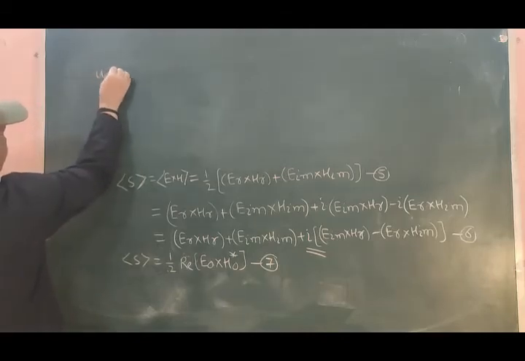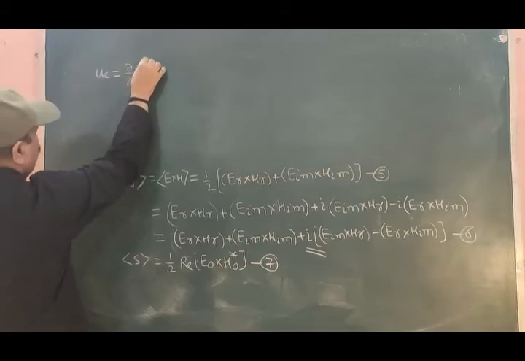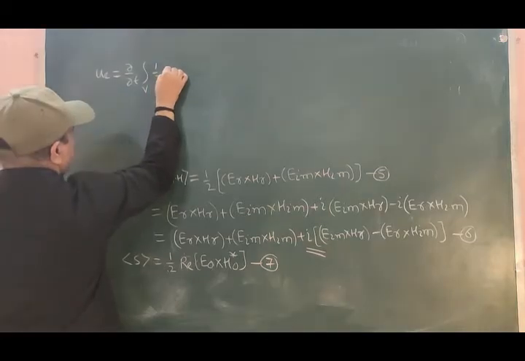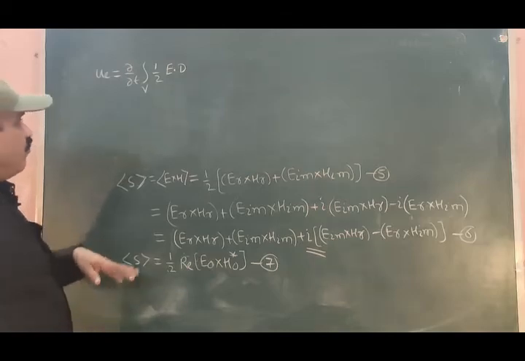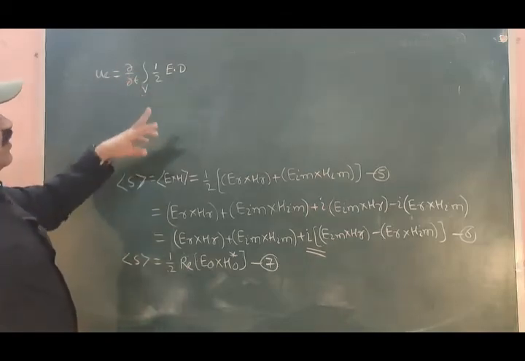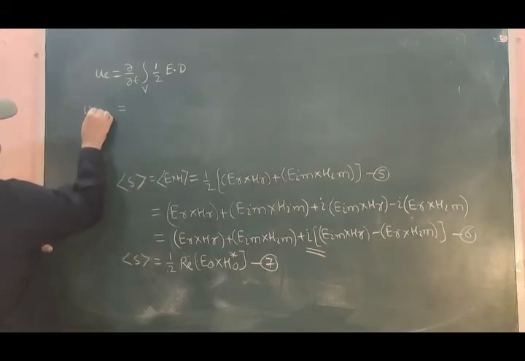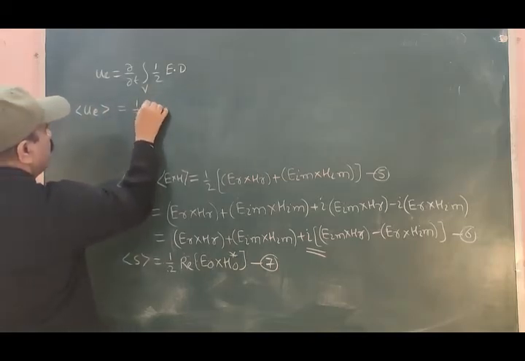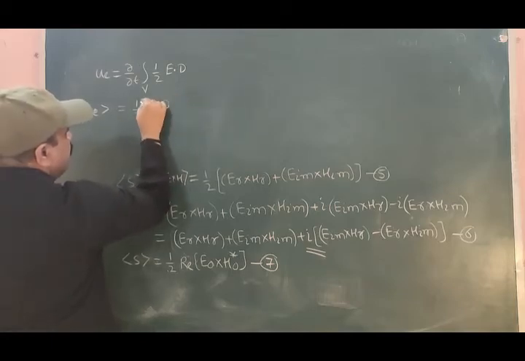U_E is del by del t of the volume integration of 1 by 2 E dot D. We are going to take its time average, so this will go away and for the time average it will be 1 by 2 E dot D.